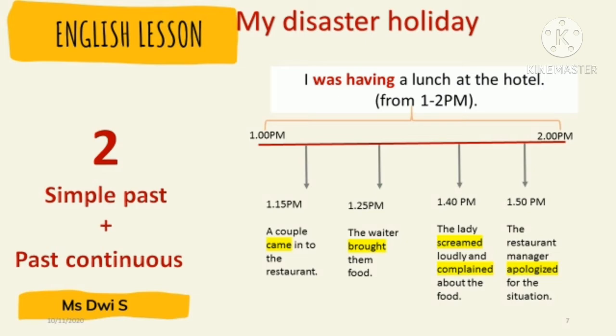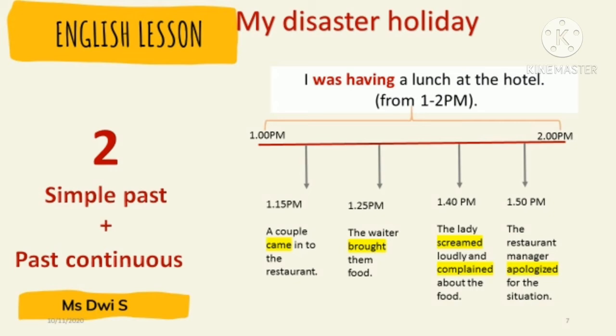During that 1 hour from 1 p.m. to 2 p.m., I was having a lunch, and then there are four actions that happened. The first, at 1:15, a couple came into the restaurant. And then the second, while I was having a lunch at the hotel, the waiter brought them food. All right, they had to eat.